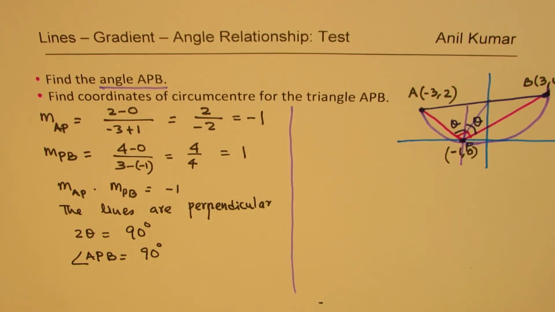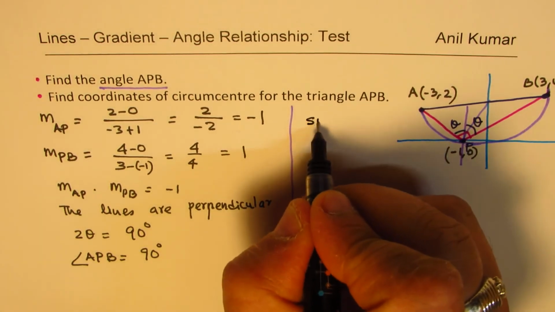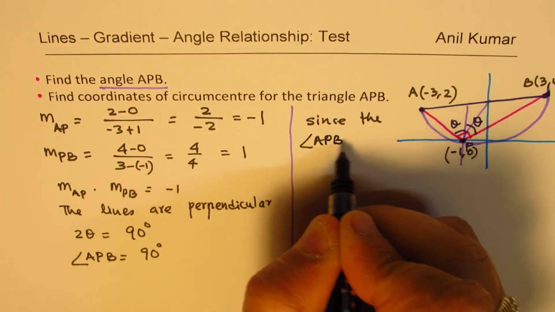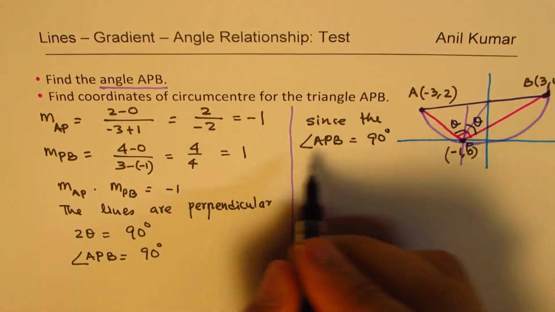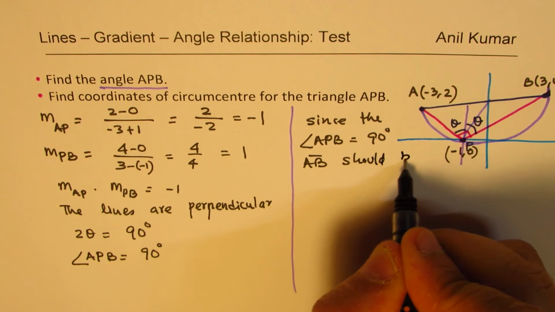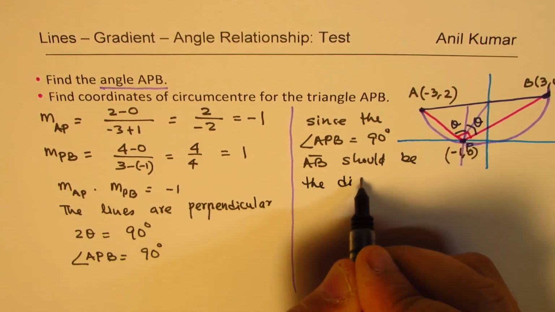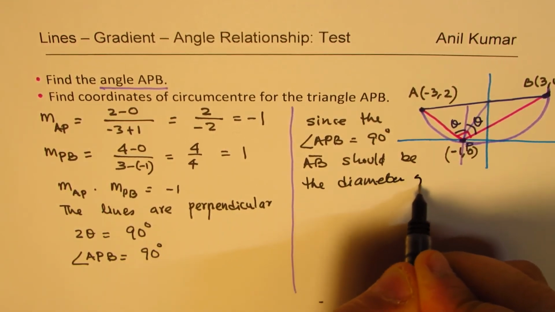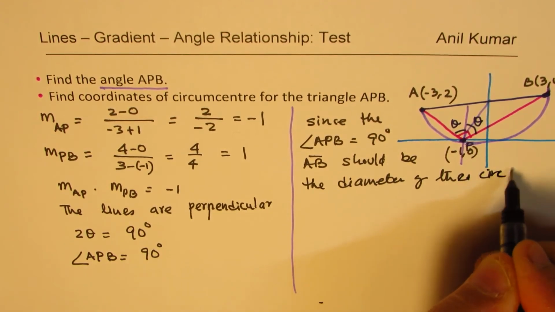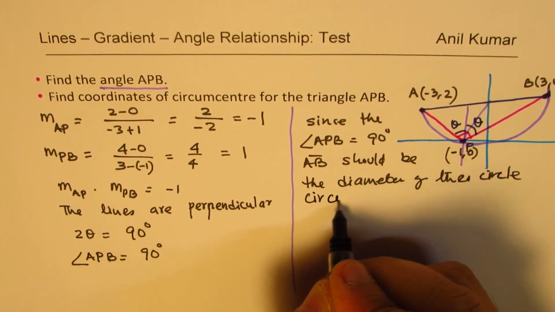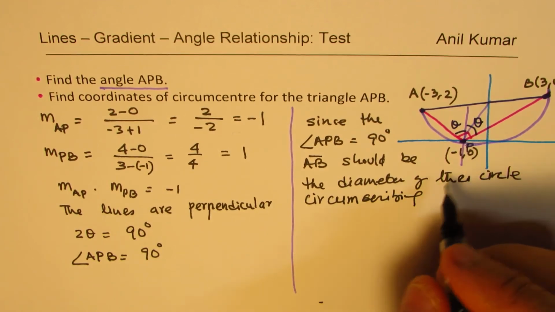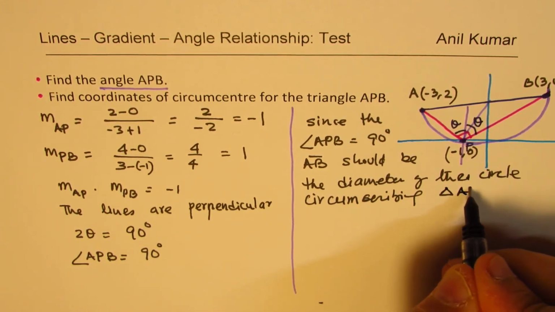Why? Well, the reason is since the angle APB equals 90 degrees, AB should be the diameter of the circle circumscribing triangle APB.